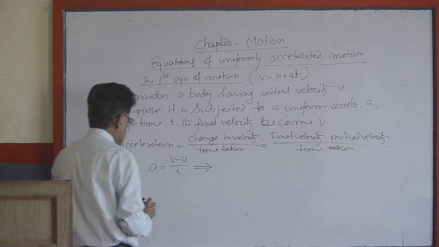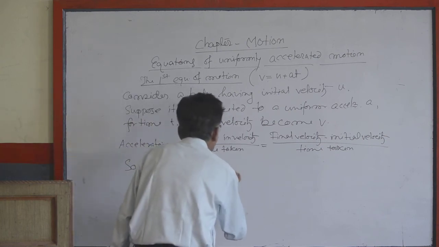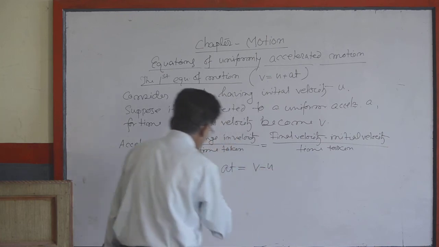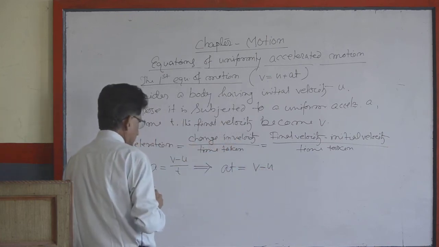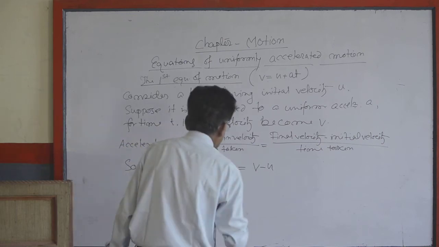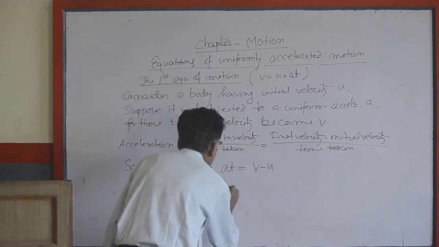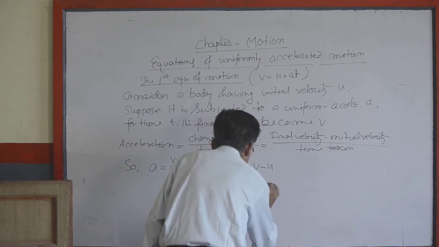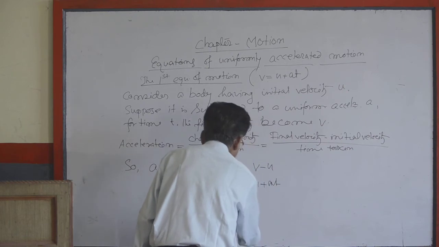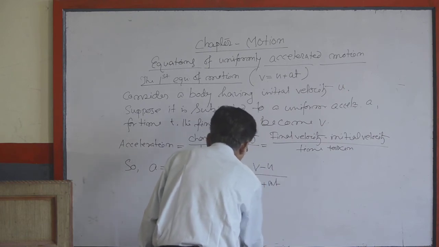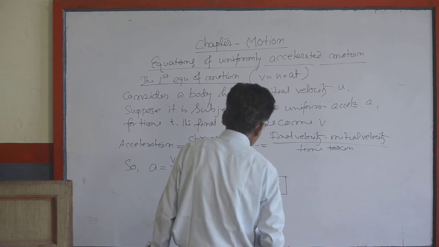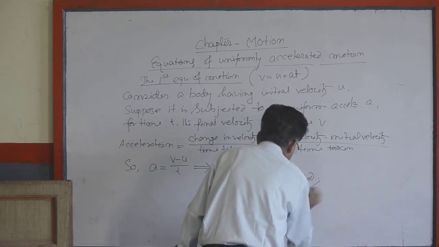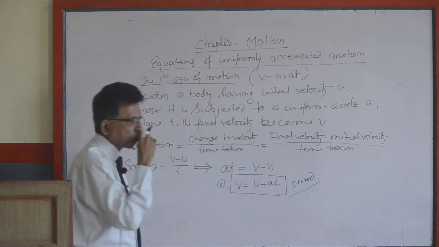That means we can write at equal to v minus u, or v equal to u plus at. Proved. This is the first equation of motion.